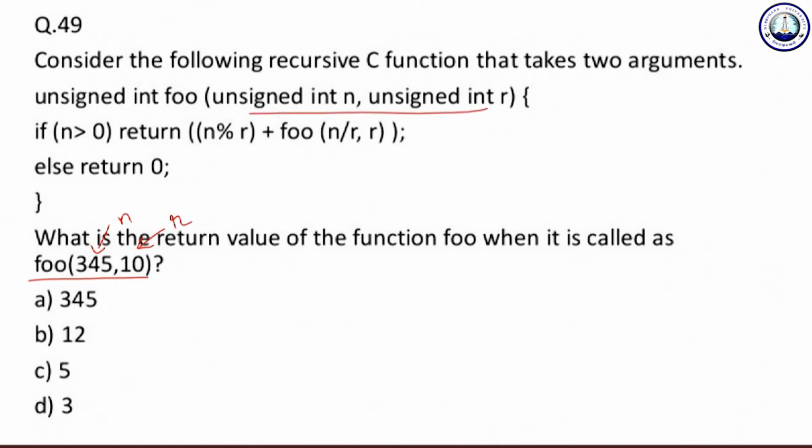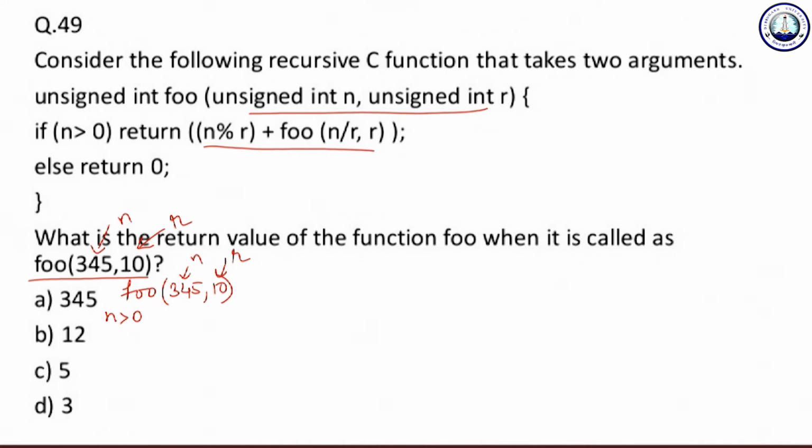Now foo of 345 comma 10, so this is your n and this is your r. So your n is greater than 0. When your n is greater than 0, we will place the values in this formula. So when we place them in this formula, what will be the answer?